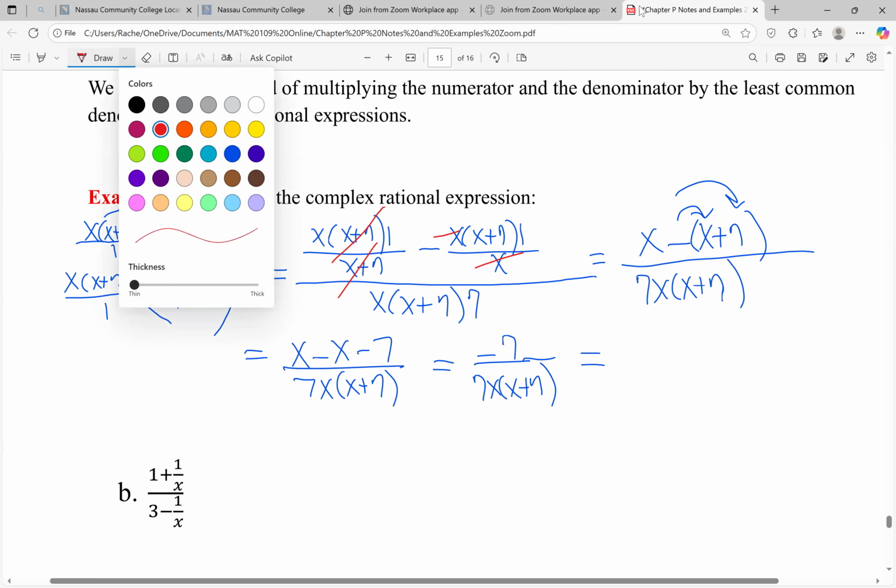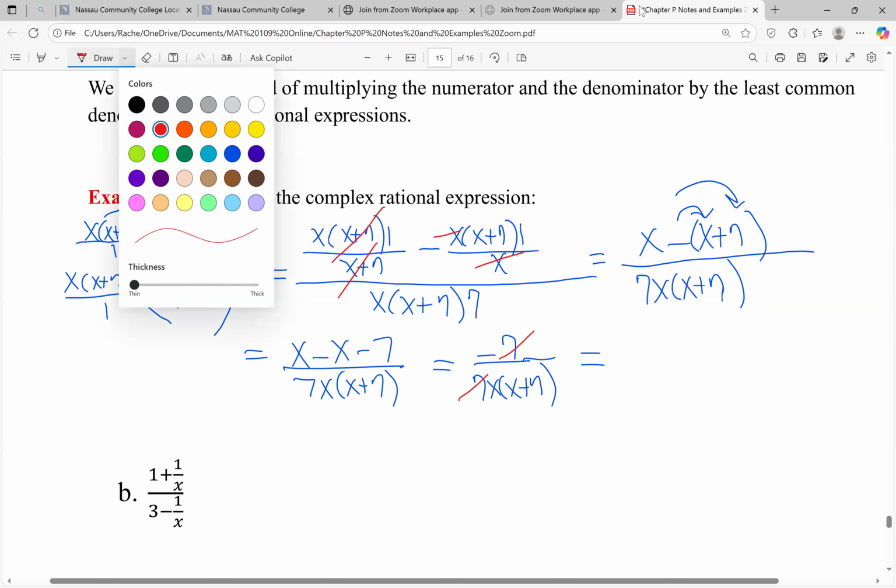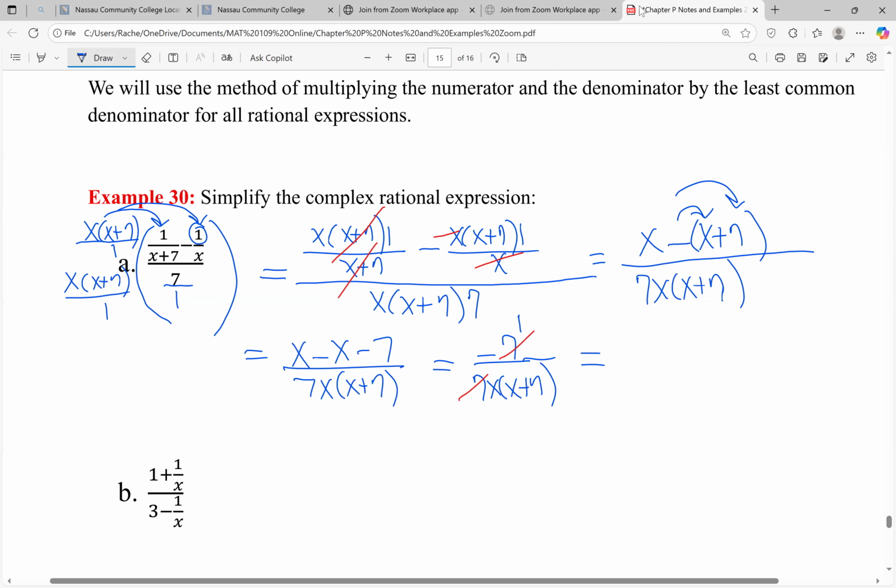You see how we have a common factor of 7? So we have 7 over 7. And that just becomes negative 1 in the numerator, right? Because 7 is divisible by itself 1 time. So in the numerator, I'm going to have negative 1. And then in the denominator, I have x times x plus 7.